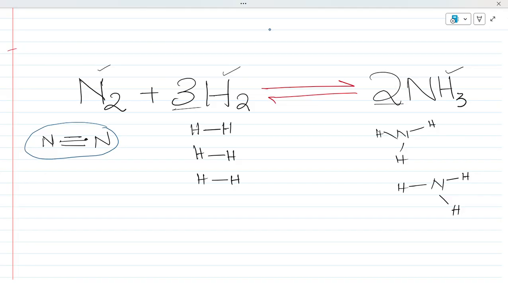In the same way, there are 3 moles of hydrogen molecules. In each hydrogen molecule, 2 hydrogen atoms are bonded with a single covalent bond. If we look at the ammonia molecule, there is just 1 nitrogen at the center bonded with 3 hydrogen atoms, forming covalent bonds in each molecule of ammonia.